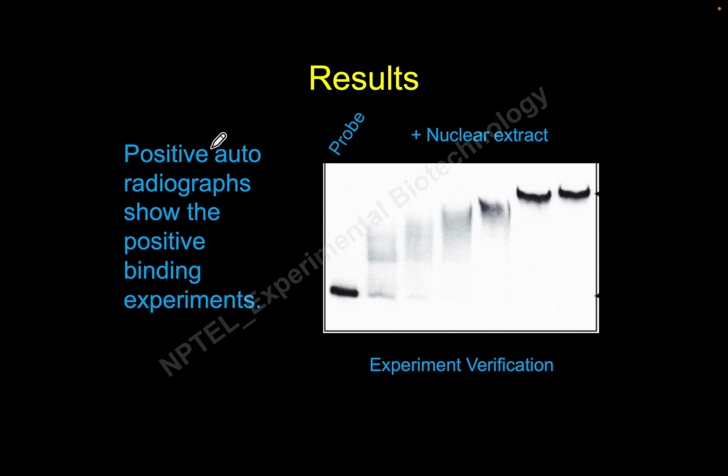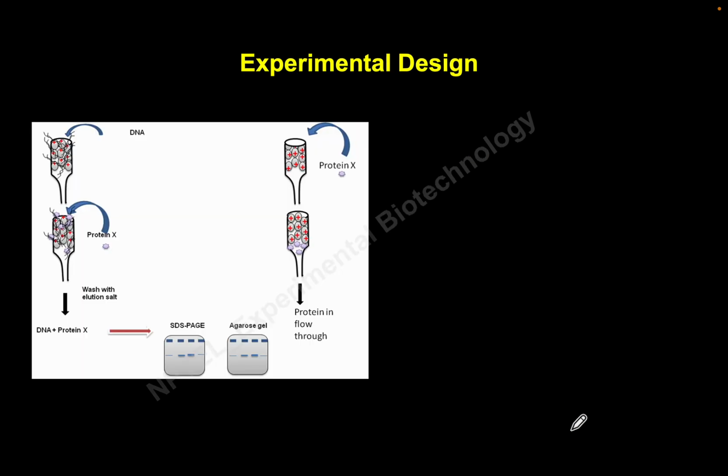Now again, the results, experimental validation. So here the positive autoradiograph shows the positive binding experiments. So this is nuclear extract, this is the probe, and the positive autoradiograph shows the positive binding of the experiment. So there are several experiments you can do.